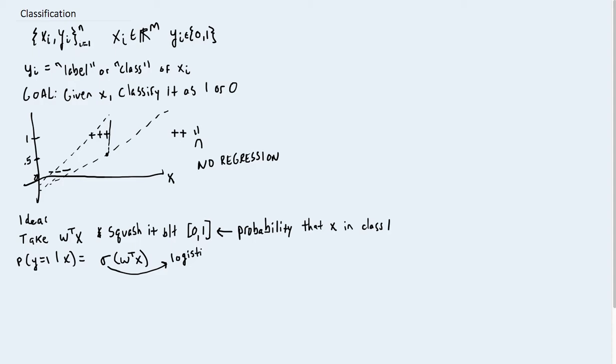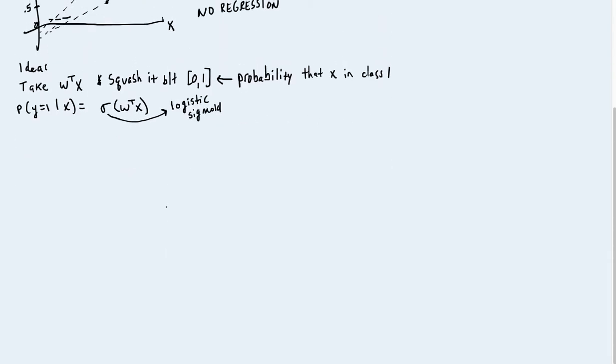A very commonly used squashing function is called the logistic sigmoid. And so now let's define more precisely the form of the logistic sigmoid function that's often used for binary classification. The way we define it is we raise e to this real value, W transpose x, divide it by 1 plus the same thing, e to the W transpose x.